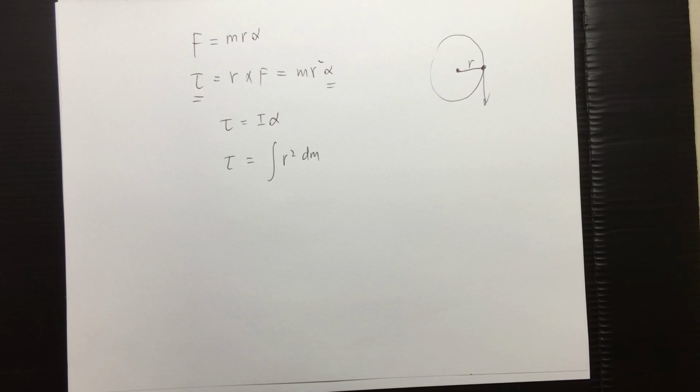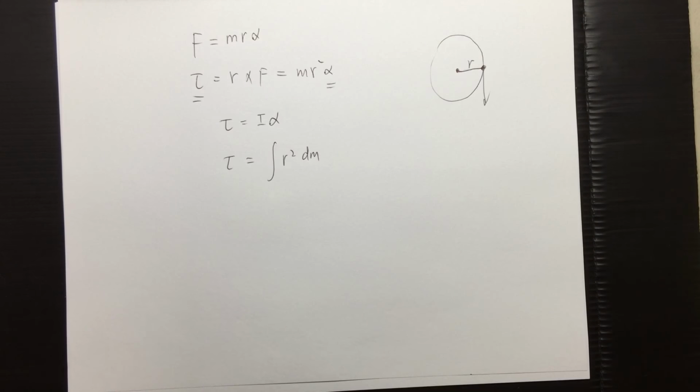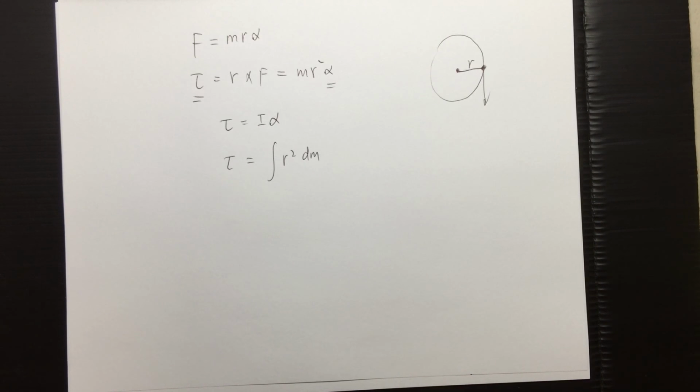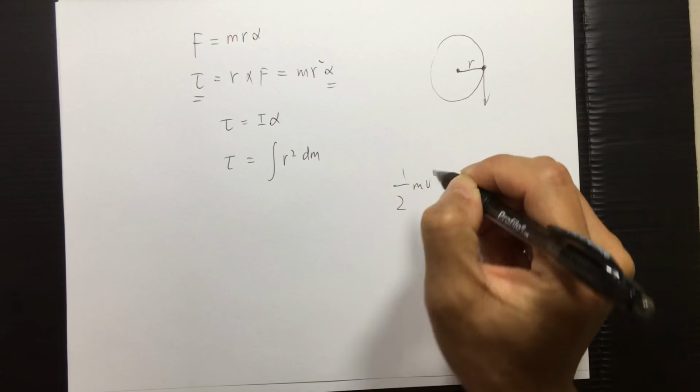We're not going to do too much of this, but anyway, once this is defined, just as with translational movement, when you move from one place to another, you have this.